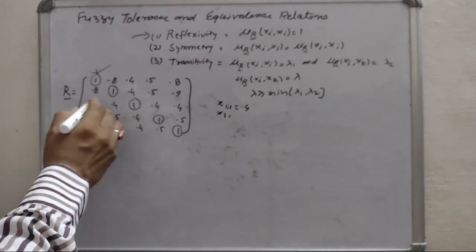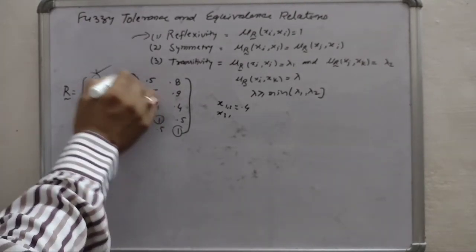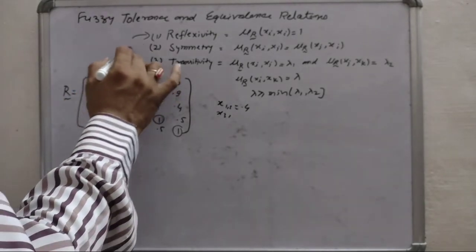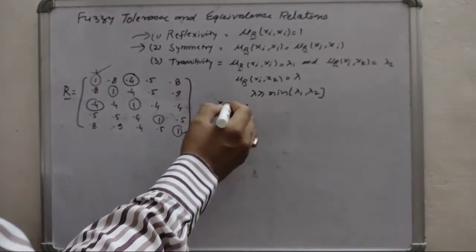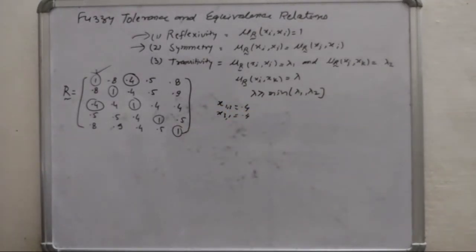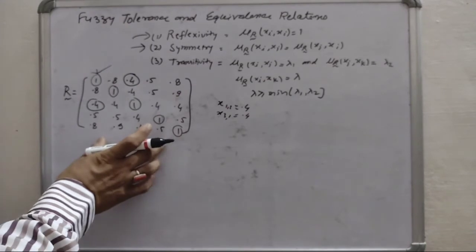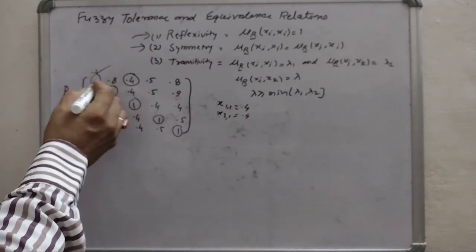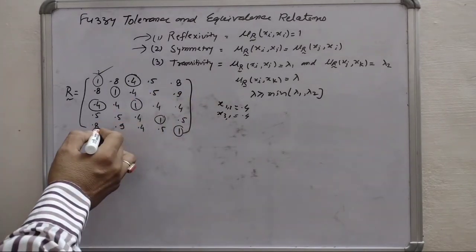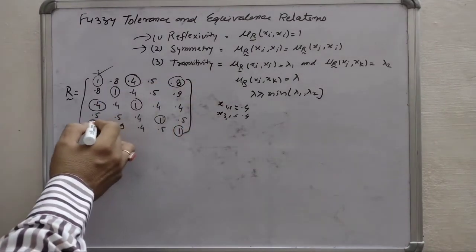So again it is 0.4 here. So this 0.4 and this 0.4 denote symmetry. So x13 equals 0.4, x31 equals 0.4. This relation matrix we can also test like 1, 5 and 5, 1, 0.8, 0.8, like this one.